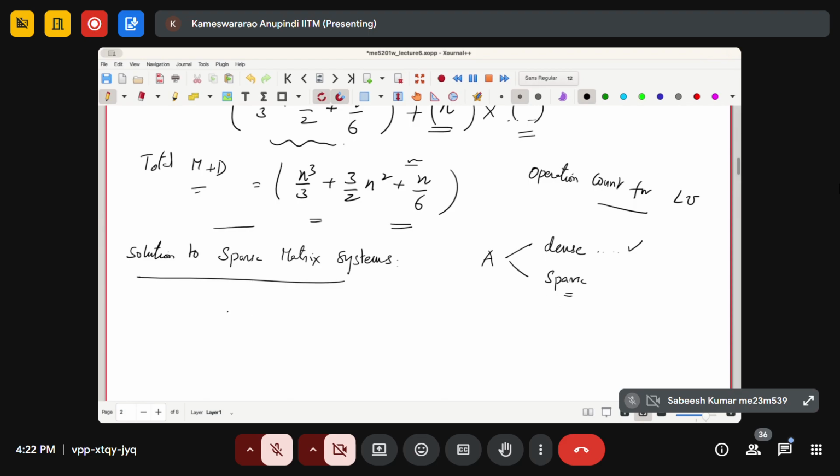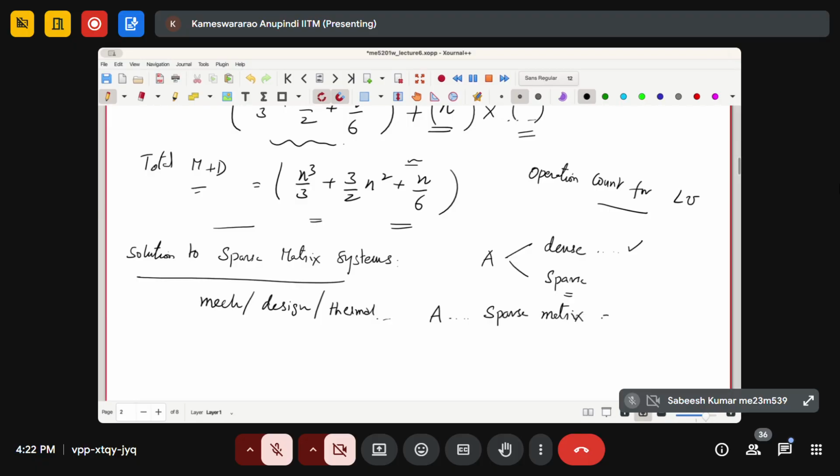In fact, in many applications in mechanical engineering, whether in design in the context of finite element methods, or in fluid mechanics or thermal sciences in the context of CFD, the matrix you're going to work with in AX equal to B turns out to be a sparse matrix.